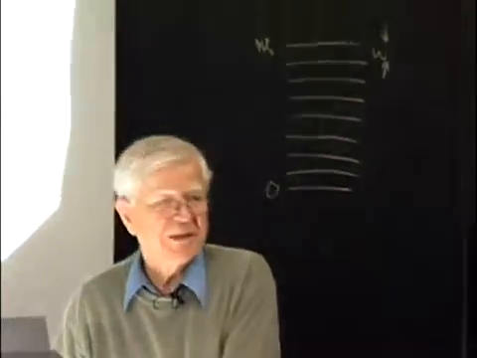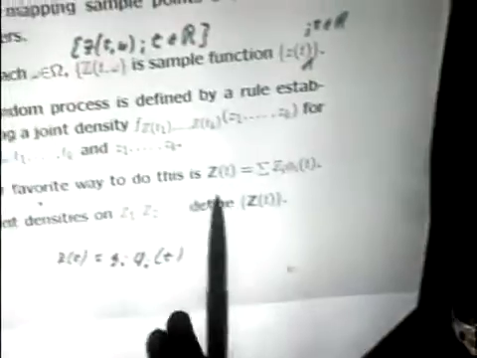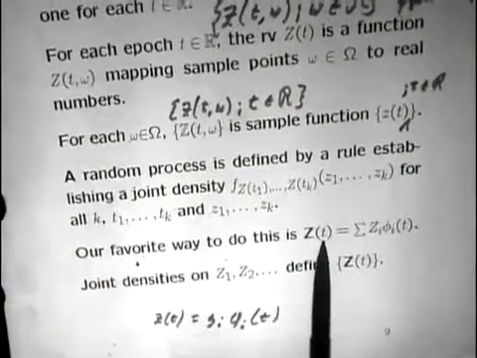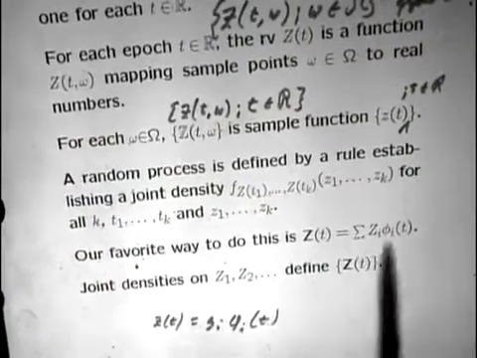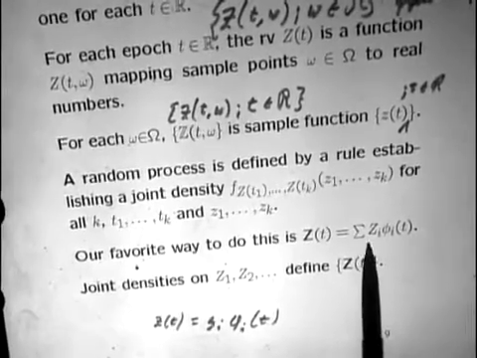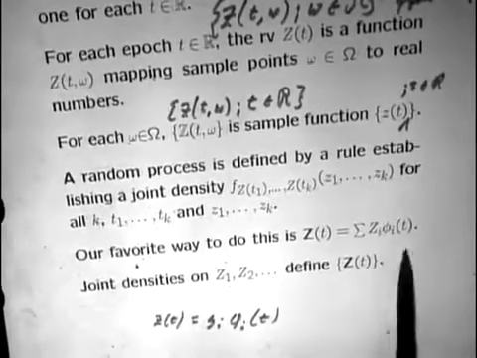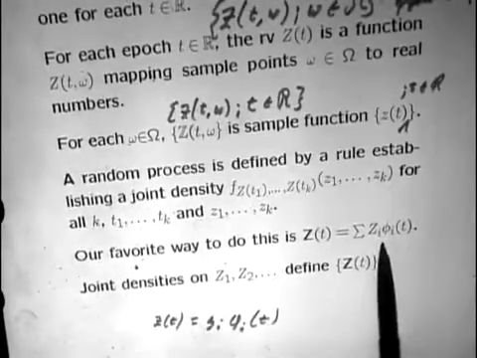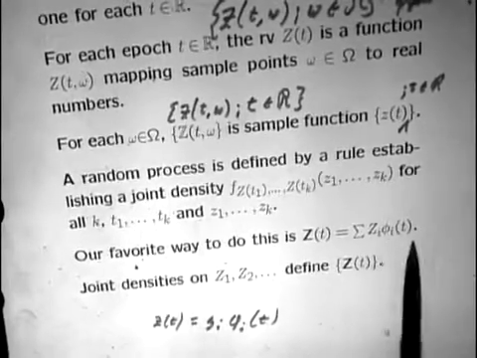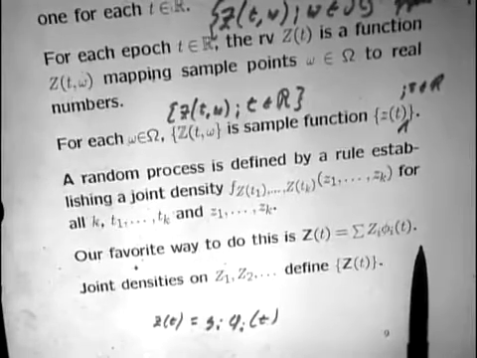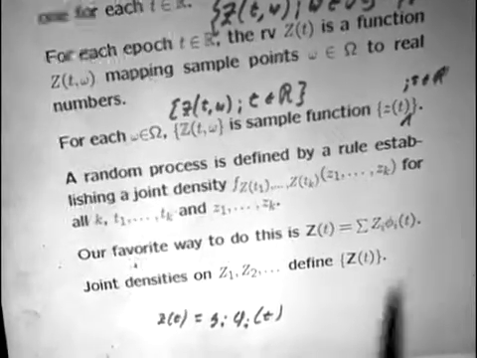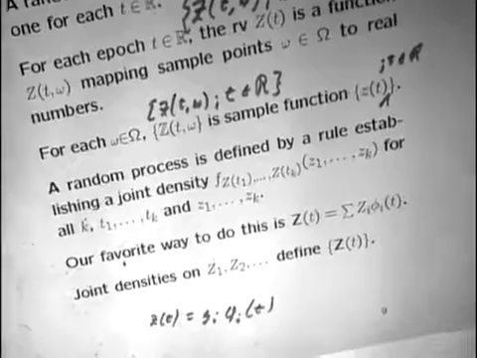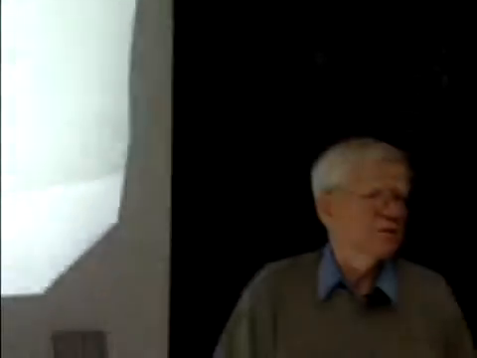So that's the same thing we're going to be doing here. The only thing is we can do this for any real value t just by adding up this fixed collection of random variables, and you add it up at different arguments because as t changes, phi sub i of t changes.